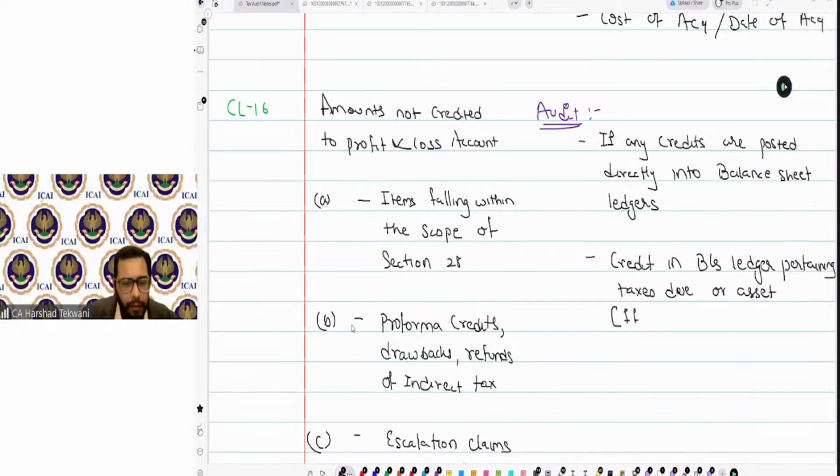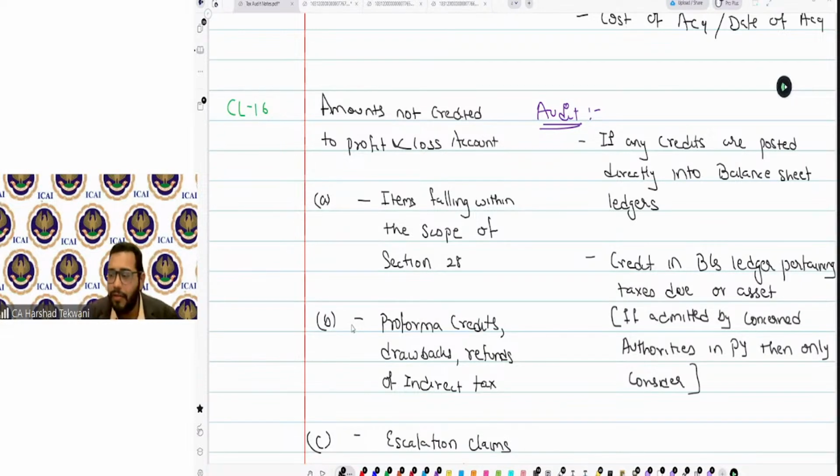If admitted by concerned authorities in previous year, then only consider. Otherwise, if it is not admitted by the concerned authorities in previous year, then you are not required to report that amount basically.